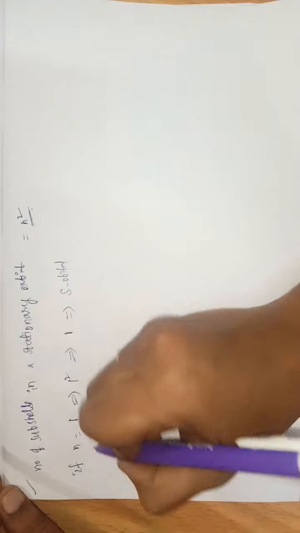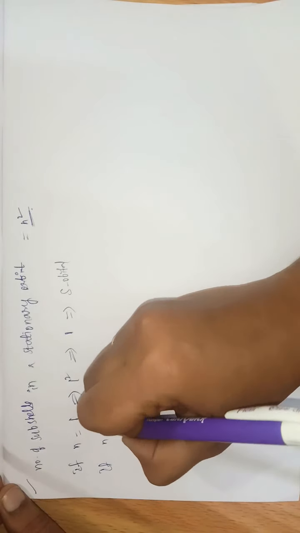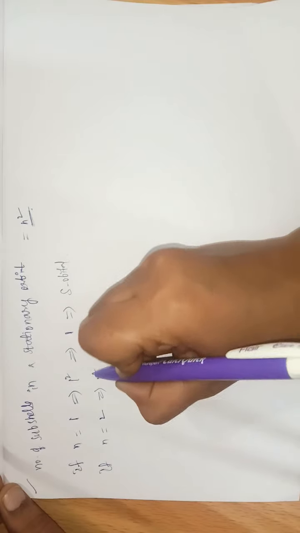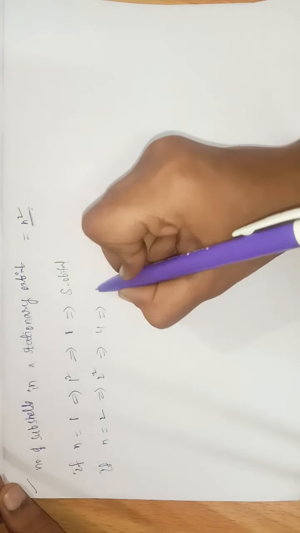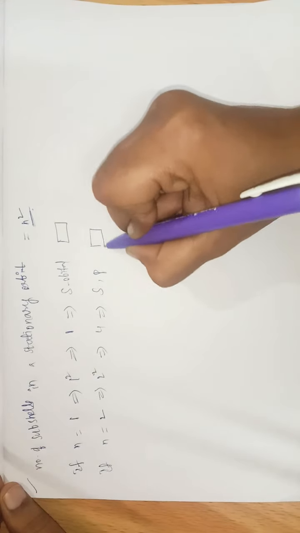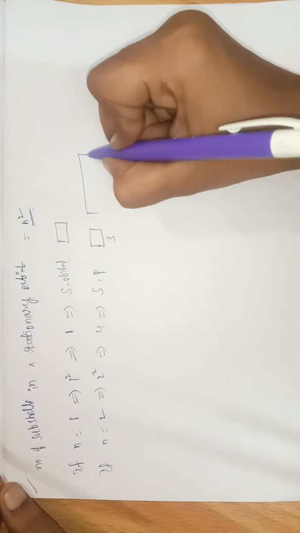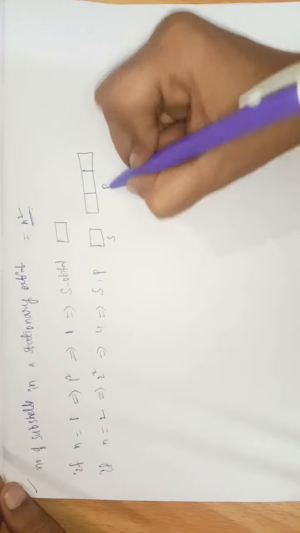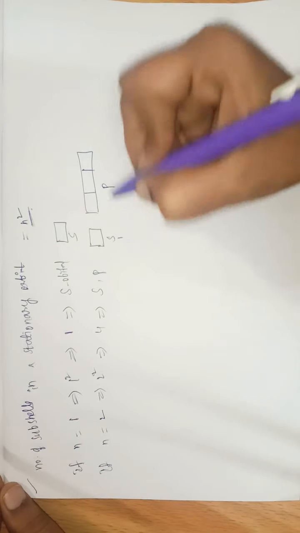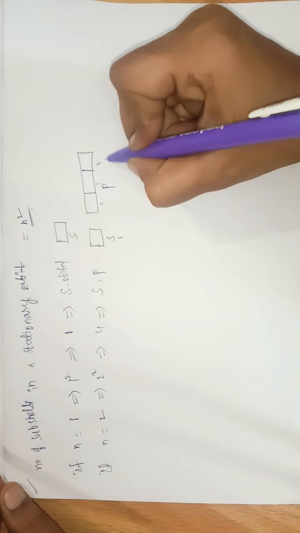If n equals 2, that is 2 square, that means 4, that is s and p, which is 1 s, and p 2, 3 and 4.